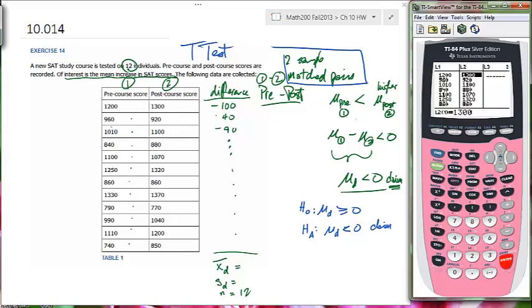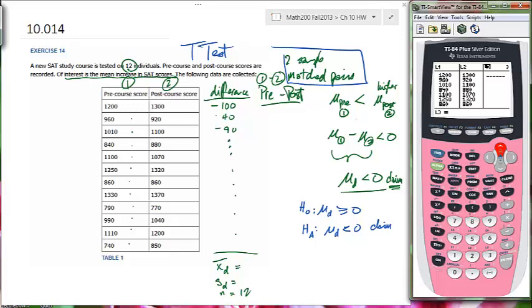And I've already listed the L1 and L2 list here, 1200, 960, 1010, etc., 1300, 920, and 1100. Now, to get my difference, I'm going to move my cursor up to L3. Notice this is L3 without parentheses, the cursor is up here highlighting L3.